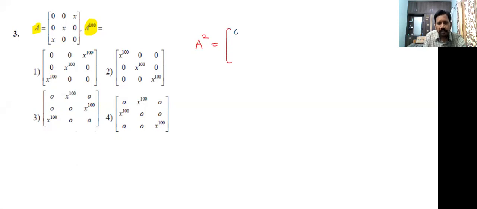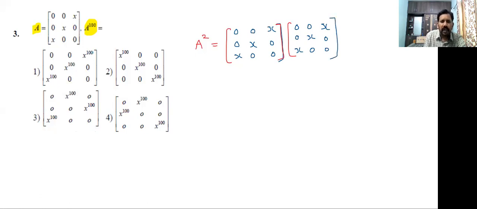A means 0, 0, x, 0, x, 0, x, 0, 0. This is the A matrix. Next, one more A matrix, the same like that: 0, 0, x, 0, x, 0, x, 0, 0.